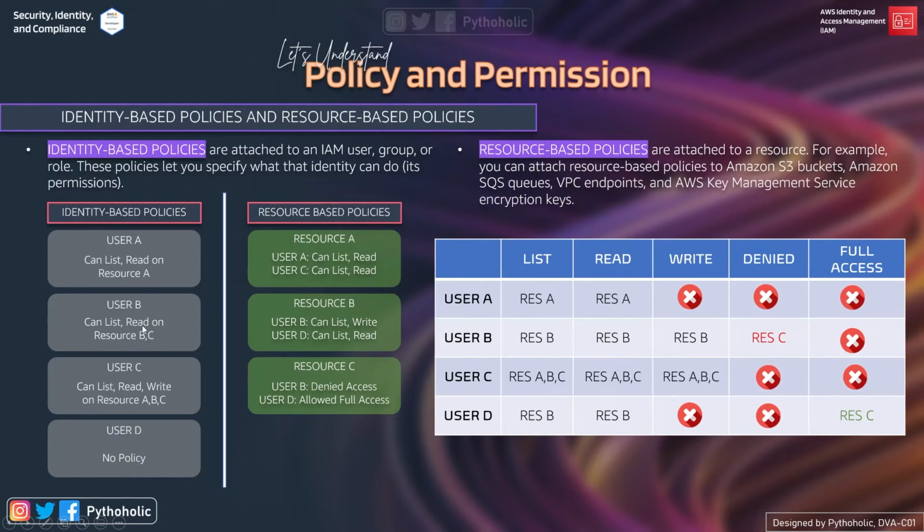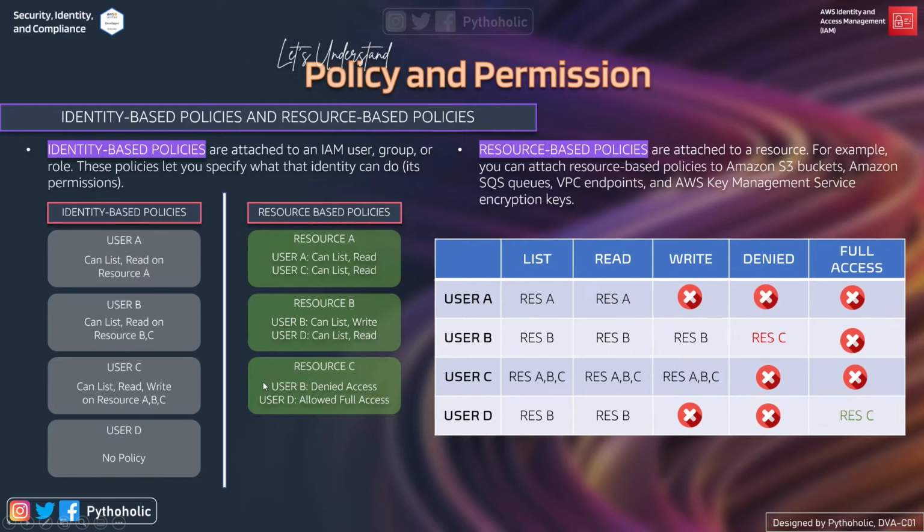Now let's come back to user B. It can list and read on resource B and C. But when we go to resource C, it has denied access. User B can perform list and read on B, and the resource B policy also said that it can list and write on resource B. So now it has three operations: list, read, and write.